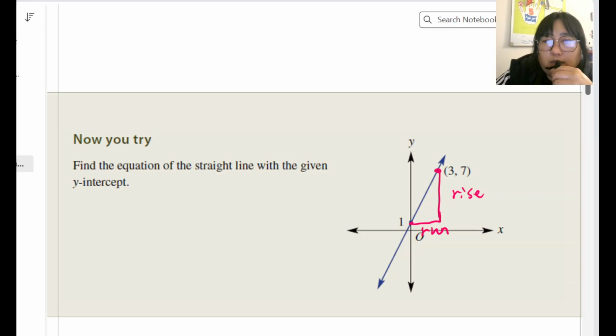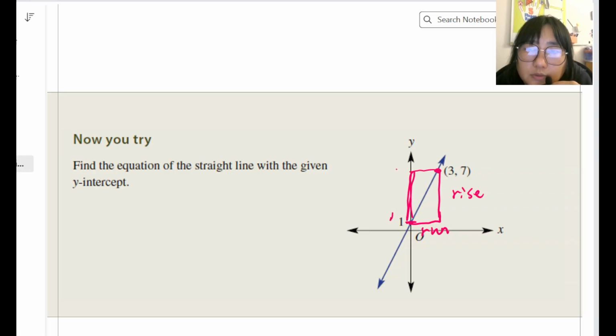So now we have a look. The rise starts from point 1 here and finishes at point 7. So from 1 to 7, the rise is 7 take 1, so the rise is 6. And then we check the run. The run starts from 0 and we stop at 3 here.